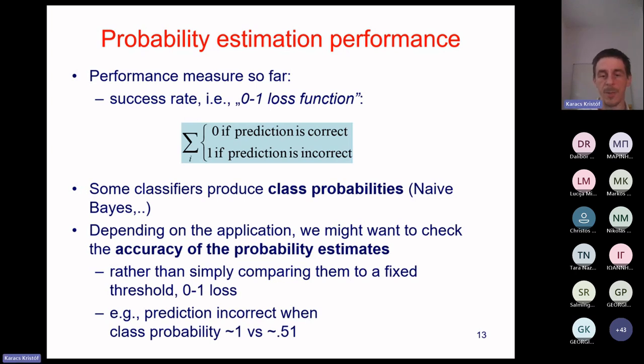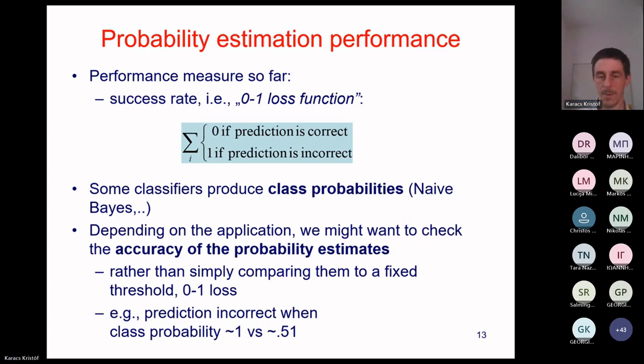So for example, if our predictor says that the class probability is 100%, and it still gets it wrong, then that should count as a more serious error than if it says, okay, I think this class is more probable than the other one, but the confidence or probability assigned to this one is only 51%, or 0.51 if we normalize it to a scale from 0 to 1.